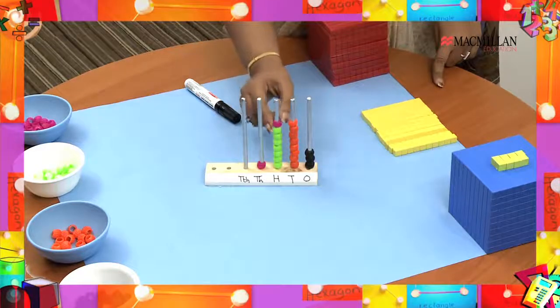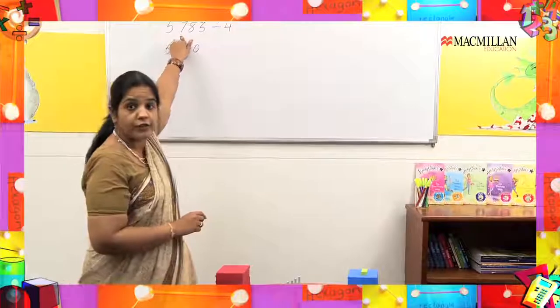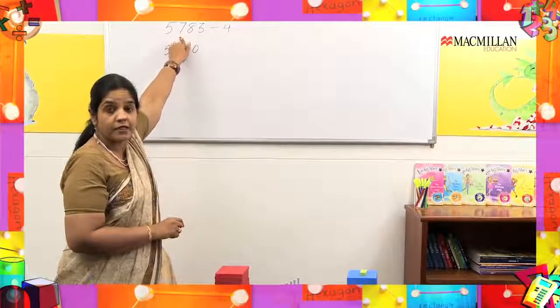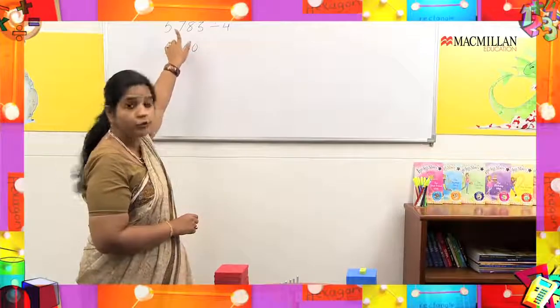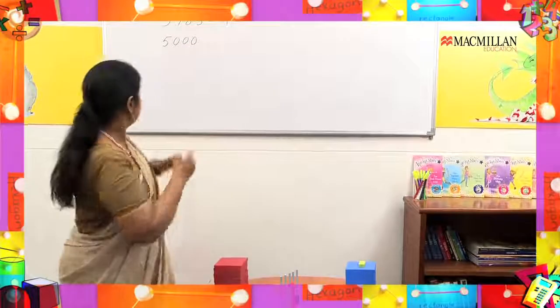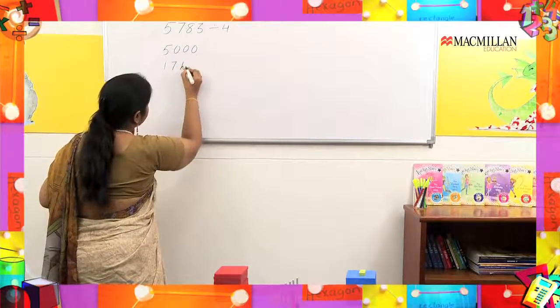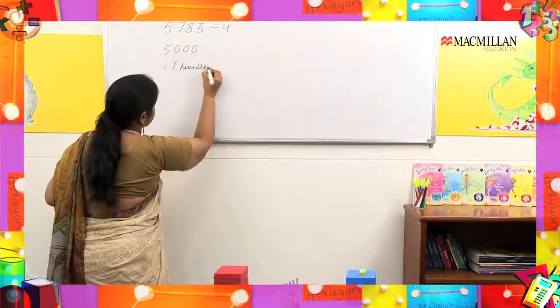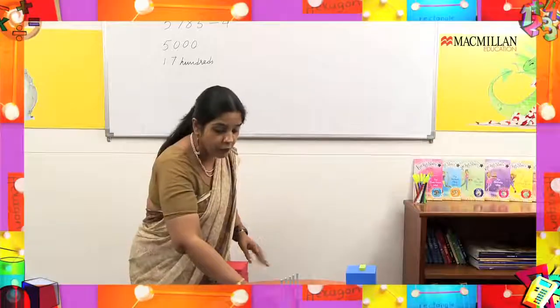1000 means this is 10 hundreds, and how many hundreds were there already with me? 7. So 10 plus 7, I have 17 hundreds with me. Now I am going to divide 17 hundreds. I think it would be better if I write it like this: 17 hundreds by 4.